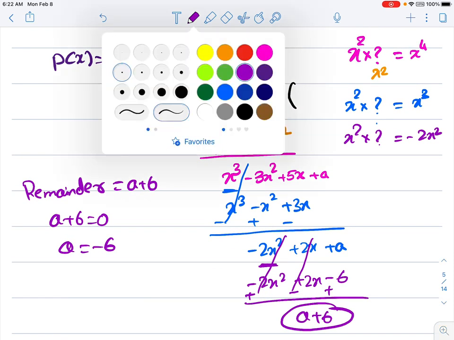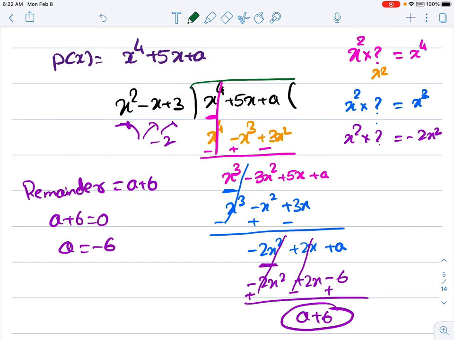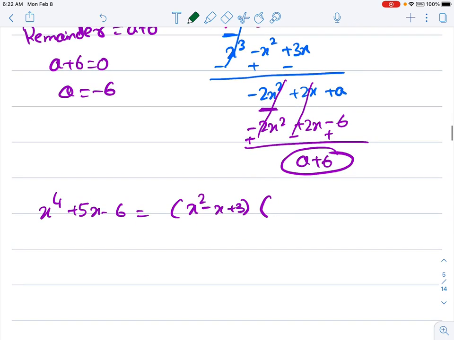Whenever we are doing this division, don't forget to write that at the top. The first time I multiplied with x square, the second time with x, the third time with minus 2. So x square plus x minus 2 is the other factor. Now we have to factorize this further. So x square minus x plus 3 times x plus 2 times x minus 1.